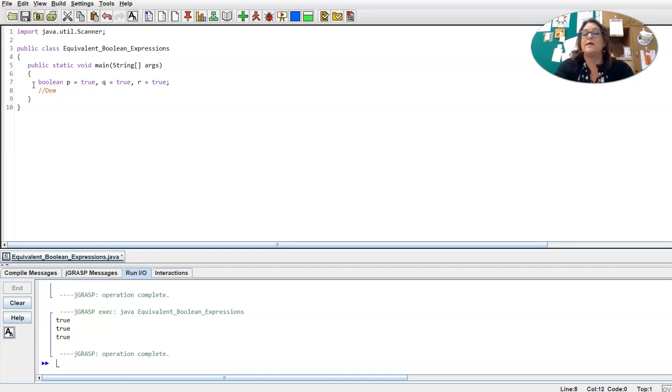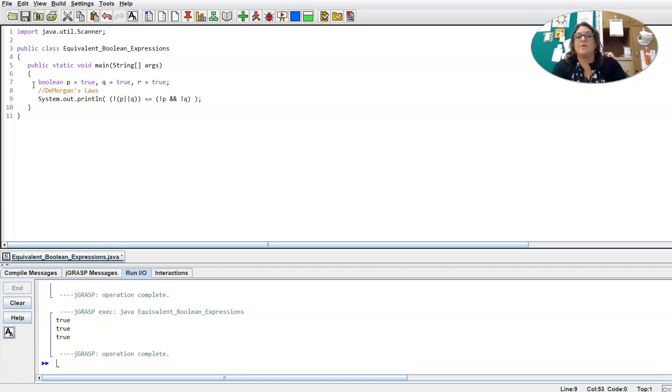So De Morgan's has 2 versions, so System.out.println, and if we have a not operator in front of P or Q, right, that is going to be equivalent to distributing that not operator, so not P and not Q.